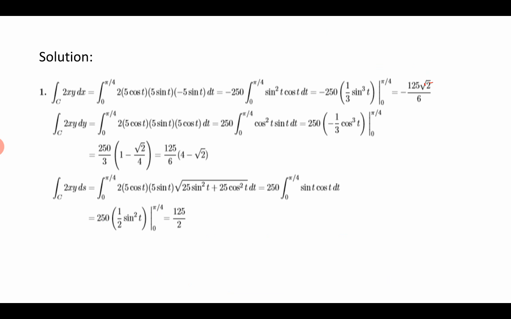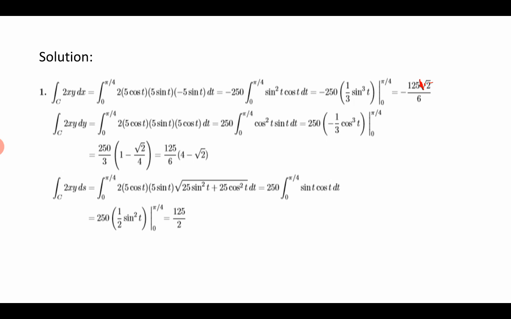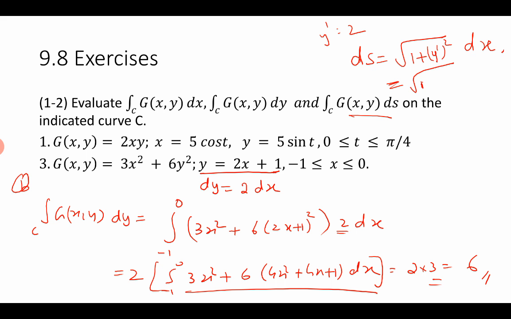So 1 plus 2 square is 5, dx. Therefore ds is equal to root 5 times dx.